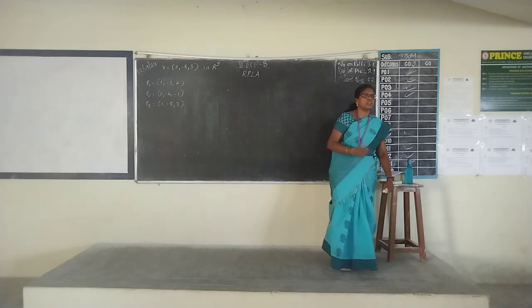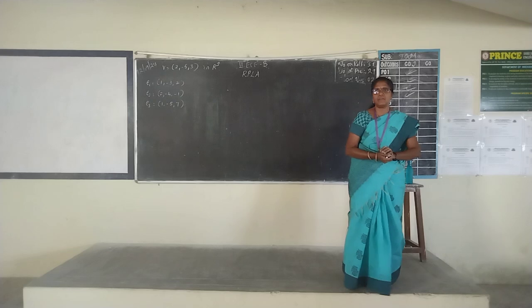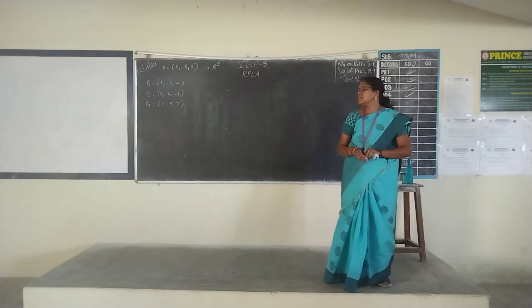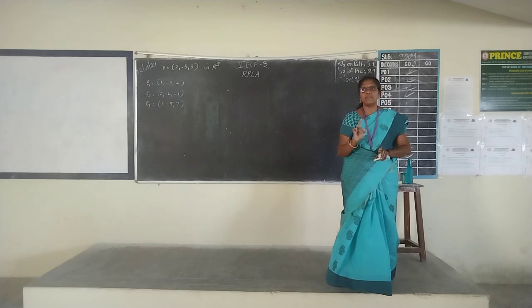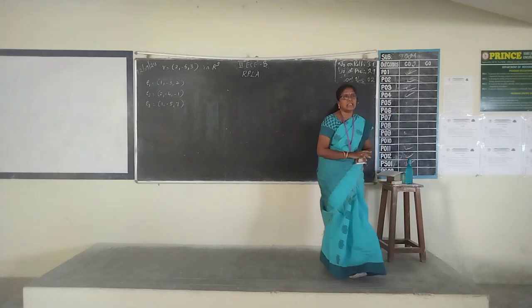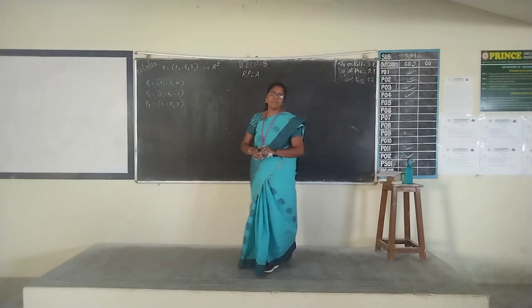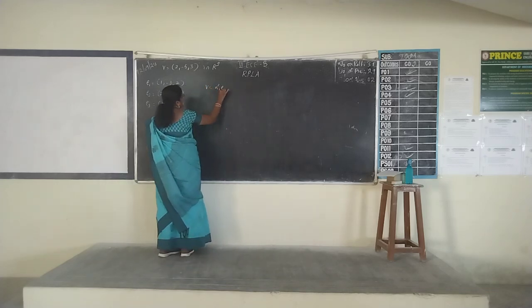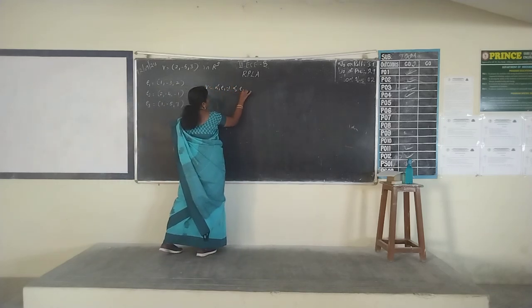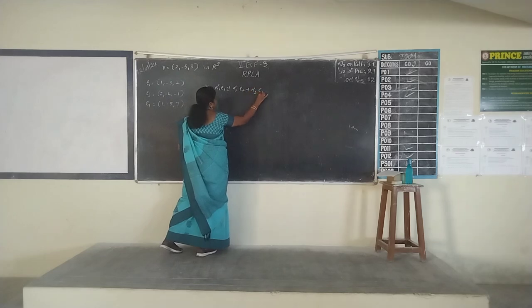Now you are getting used to this one. What is the step on your right? V is equal to alpha 1 E1 plus alpha 2 E2 plus alpha 3 E3. So, let V equal to alpha 1 E1 plus alpha 2 E2 plus alpha 3 E3.